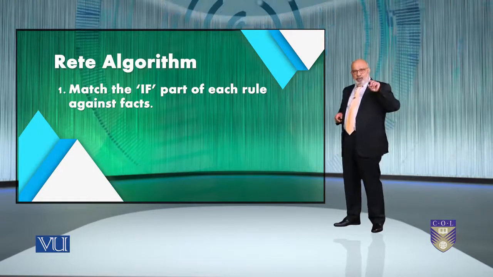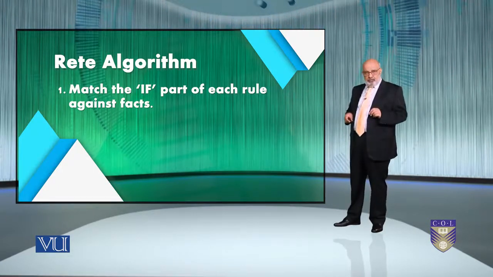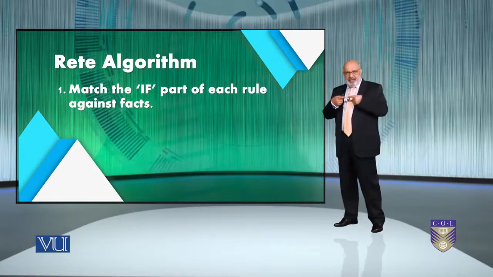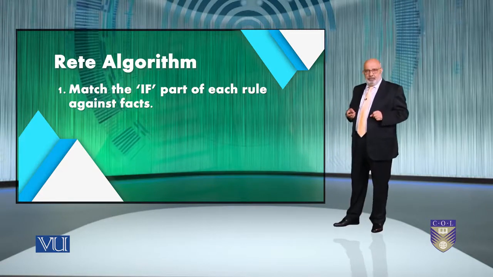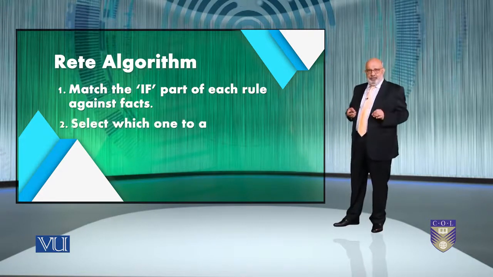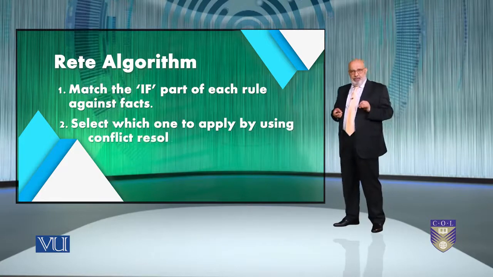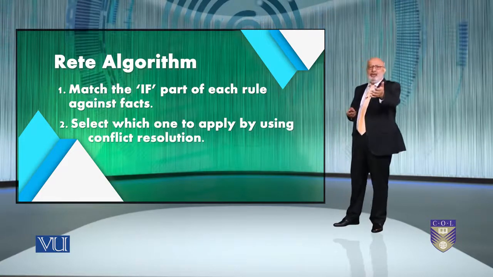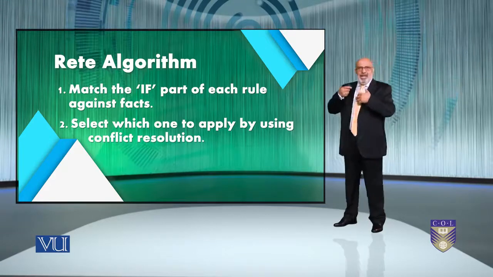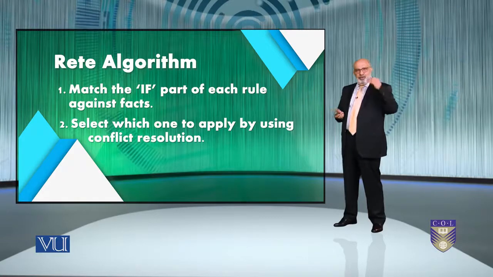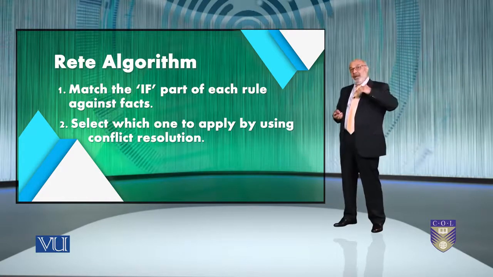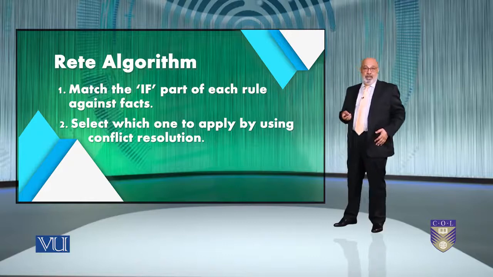Now, if there is more than one rule whose left-hand side, the if conditions, match with the facts, then we need to select one of the rules to apply. Applying a rule is like executing a rule, firing a rule, right? So you need to select from those that are matching with the facts, and that's something called conflict resolution. What is conflict resolution?